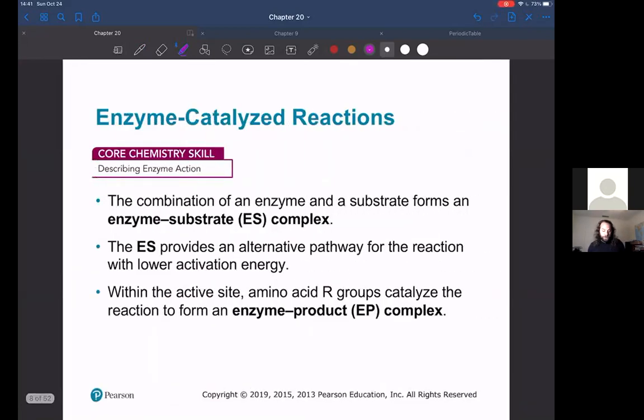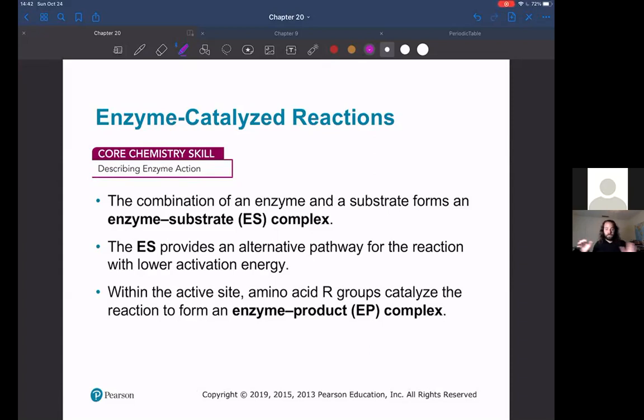So, how enzyme catalyzed reactions work. First, the substrate has to bind to the enzyme. This forms what's called the enzyme substrate complex. So you have your enzyme, you have your substrate, and the first step is binding, forming that enzyme substrate complex. Then within that complex, something kind of crazy happens at the active site that converts the substrate to a product.